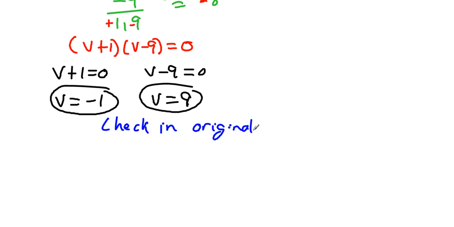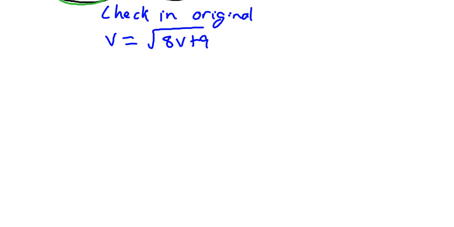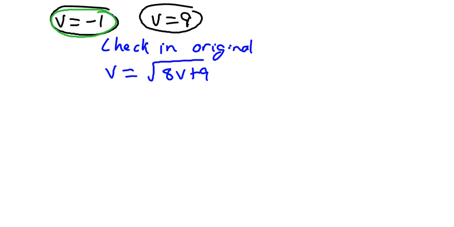All right, for the original equation, that was v equals square root of 8v plus 9. Hopefully when you do these, it should kind of jump out at you as to which one of these is going to work and which one isn't. Because when you plug in the negative 1 over here, you get negative 1 equals the square root of 8 times negative 1 plus 9.